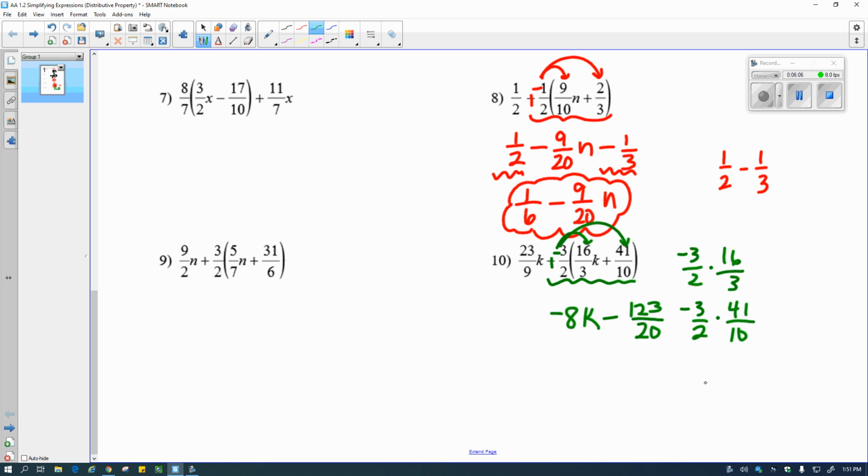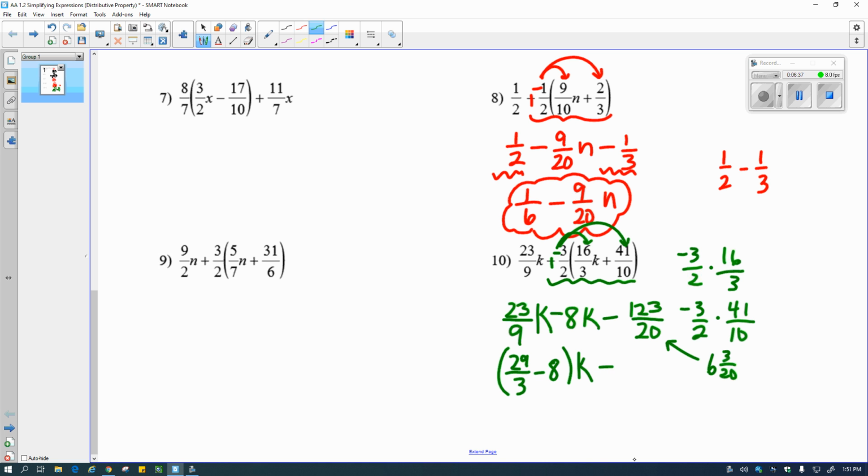When I multiply that one through, it looks like that's going to be minus 123/20. This could also show up in your calculator, depending on the variation that you have, as 6 and 3/20. But I like to keep it improper. I mentioned that before, and that doesn't change. Now I bring down the 23/9 that I didn't touch yet. So 23/9 k minus 8k minus 123/20. Now I can do the 23/9 minus 8. That I can plug in my calculator.